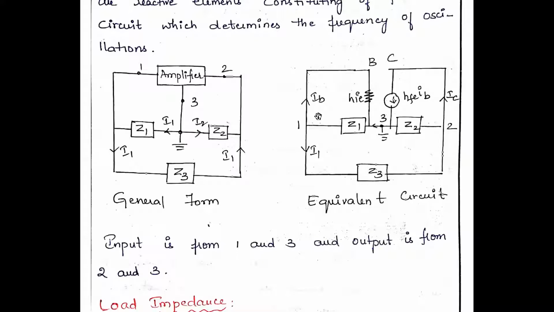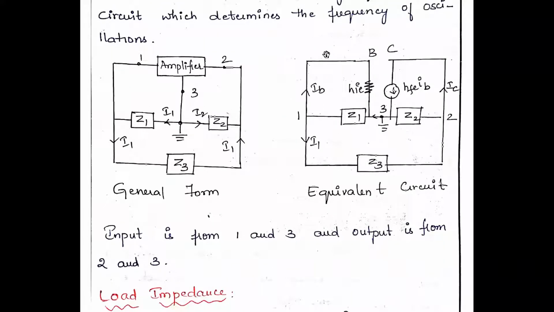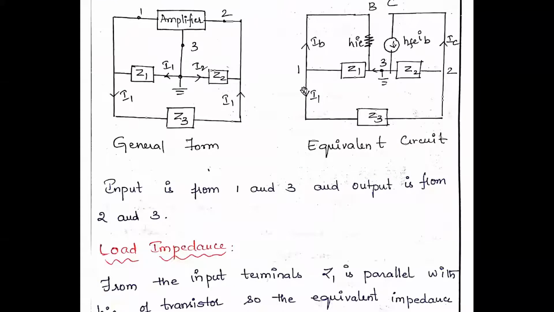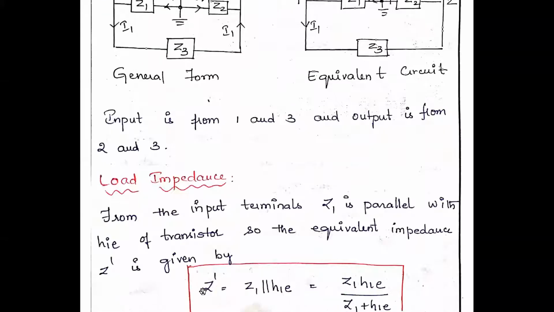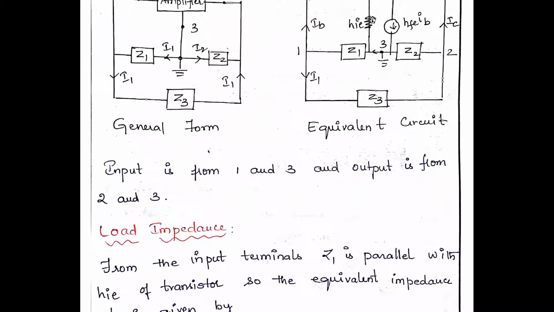In the previous class, when we replaced the amplifier with the approximate model, we observed that hie and Z1 were in parallel. The parallel combination of hie and Z1, we have given a new name. We have called it Z dash. Z dash is nothing but the parallel combination of Z1 and hie.